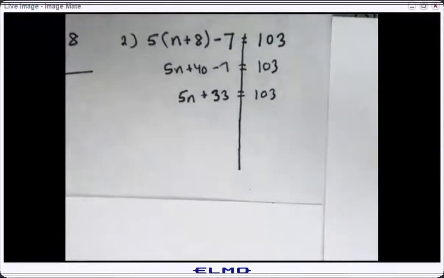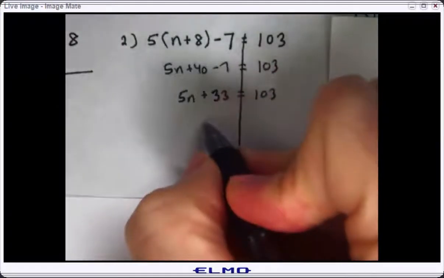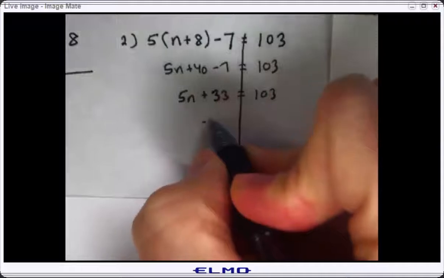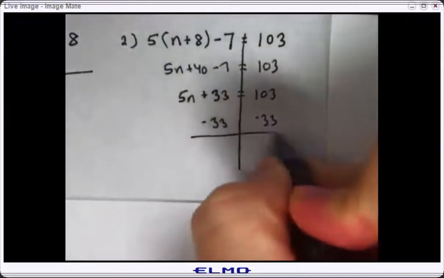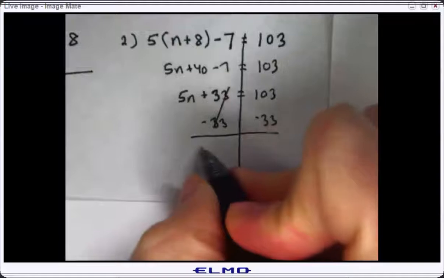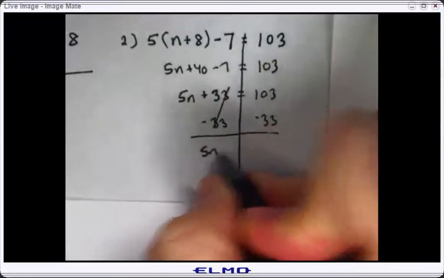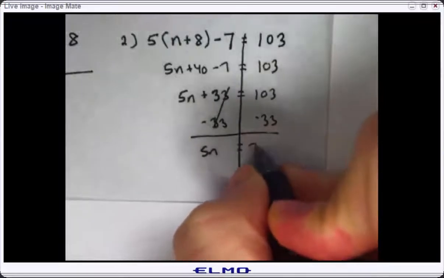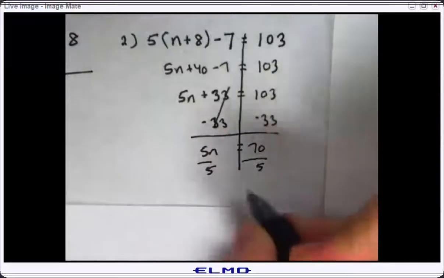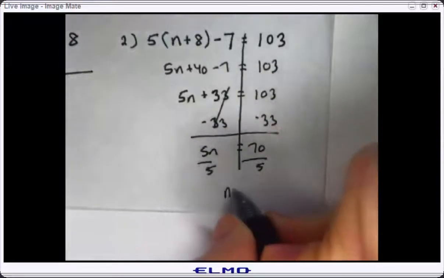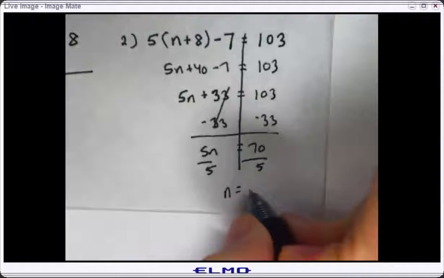And step 3 is get the variable by itself. Always get rid of addition and subtraction first because we work up the GMDOS. So 33 minus 33 goes away, leaves me with 5n equals 70. To get rid of times 5, I divide by 5. And that leaves me with n equals 14.